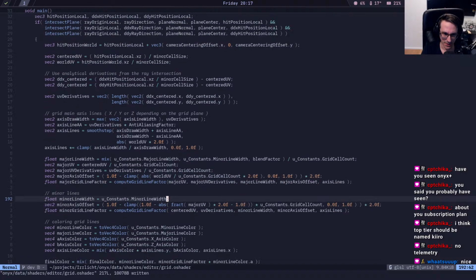And then the minor line is a little bit simpler because that one is just this. And then I think it's probably divide. So basically divide by the 10, which is our scale factor currently, I think.